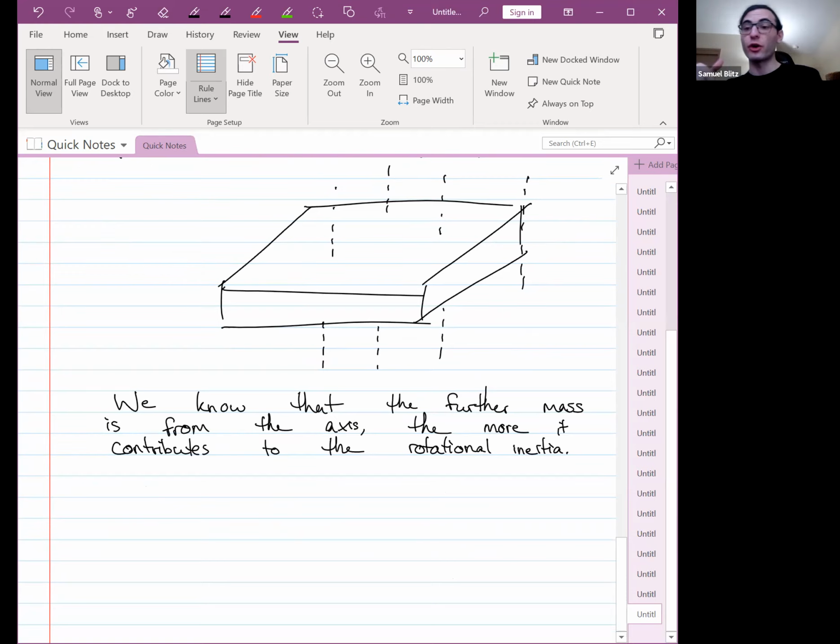So we know that the further mass is from the axis of rotation, the more it contributes to the moment of inertia. And so the location on an object that is the closest to all of the mass would have the smallest rotational inertia. So you'd have to find the happy medium between all of the points of mass on the object. You can't have it too far to one side, because even though one side would be close, the other side would be really far away.